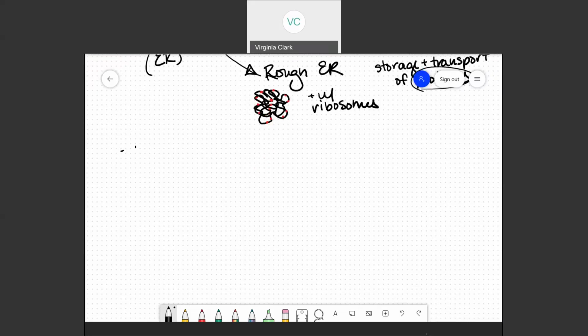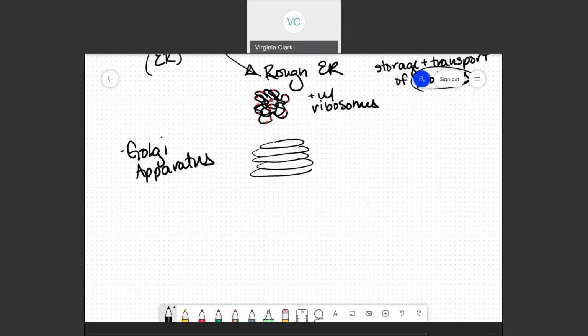Another structure is your Golgi apparatus. Your Golgi apparatus looks like flat stacks of pancakes that are all on top of each other. This is where you will package proteins, and where you will package waste. The reason you are packaging these is because they need to be exported out of the cell.